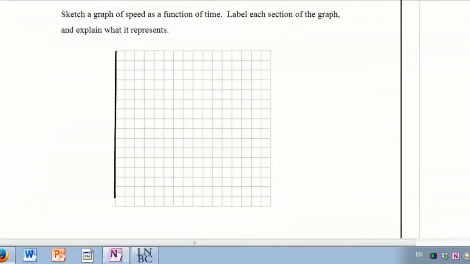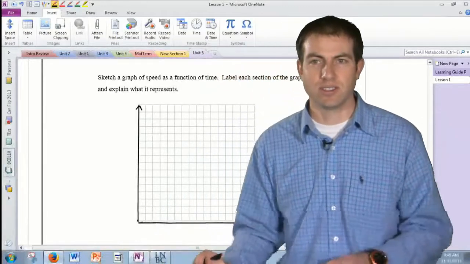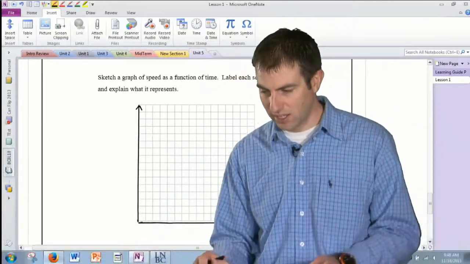So I'm going to draw a line down this side of my graph, and then I'm going to draw a line across the bottom of my graph. All right. Your calculator's edge has a ruler. It's like they knew you'd need a ruler at some point, so they did exactly that.